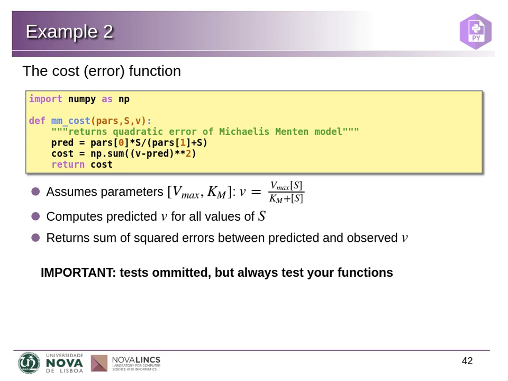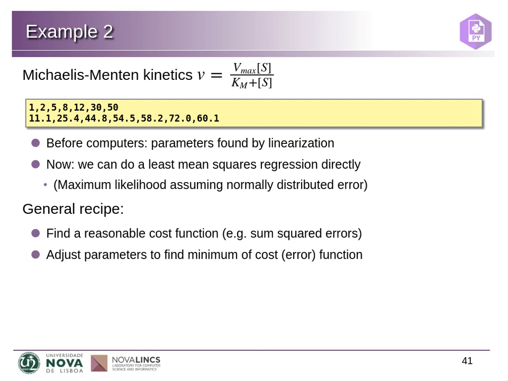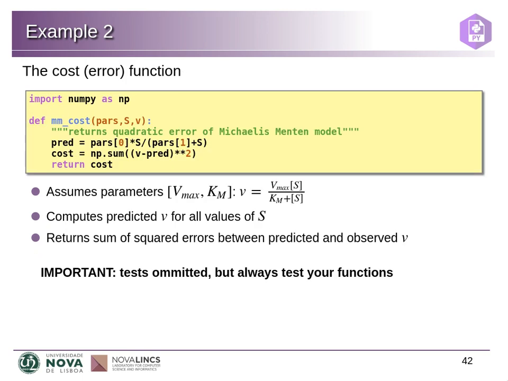Now we're going to compute the prediction, which is, for each value of the substrate concentration, we apply the expression there to get the predicted initial velocity. The first parameter is the Vmax, the second parameter is the Km, and we just write this expression. This is the Vmax multiplied by the substrate concentration divided by Km plus the substrate concentration.